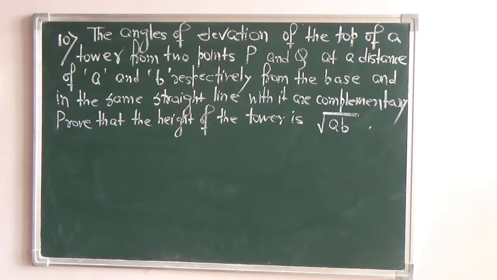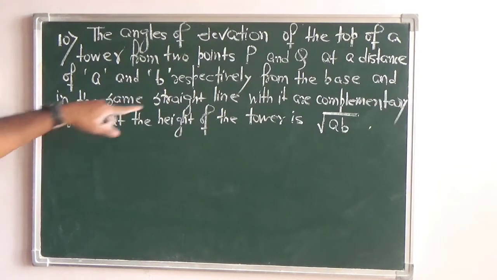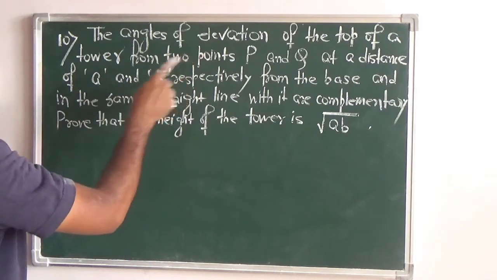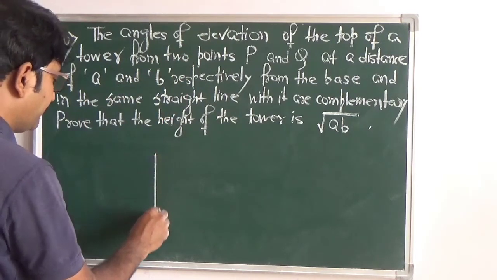The question is like this: the angles of elevation of the top of a tower from 2 points P and Q at a distance of A and B respectively from the base and in the same straight line with it are complementary. So let us have the diagram. This is the tower.